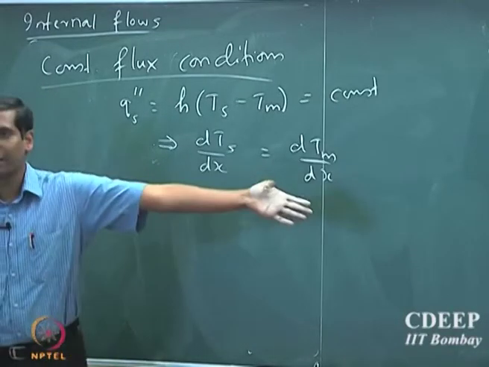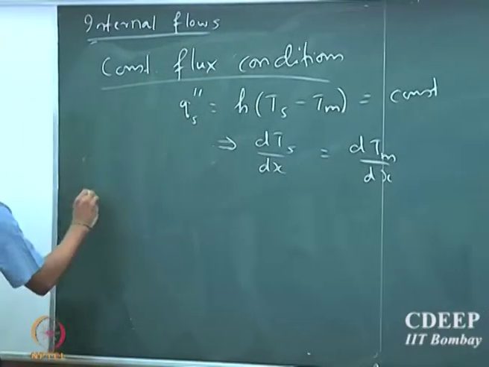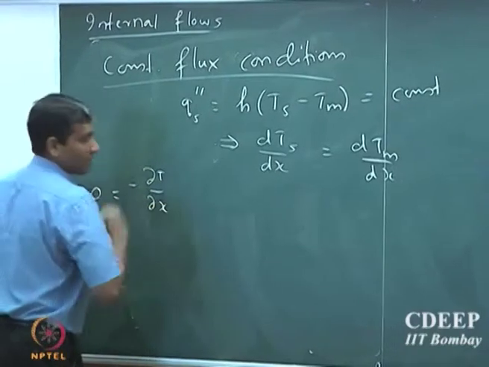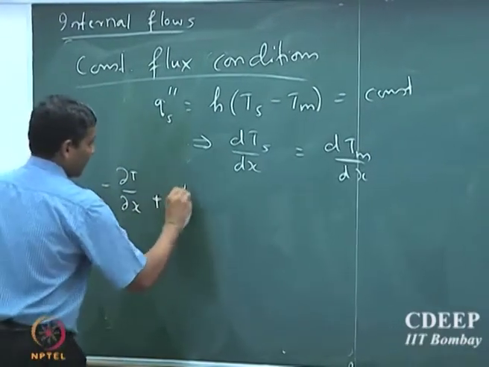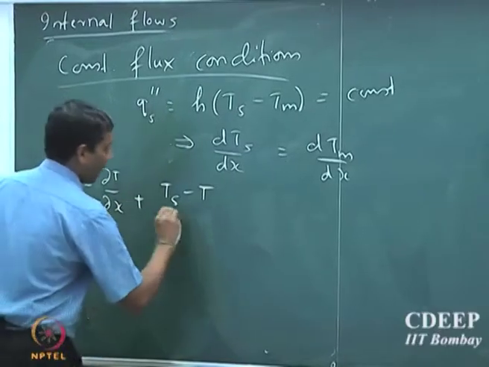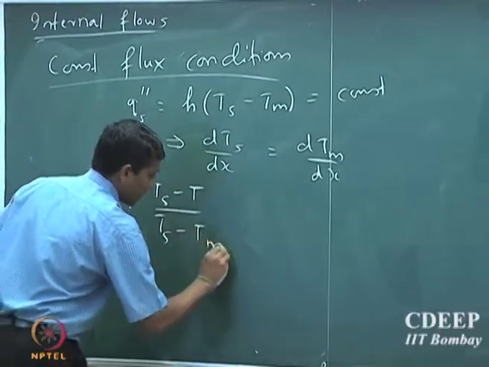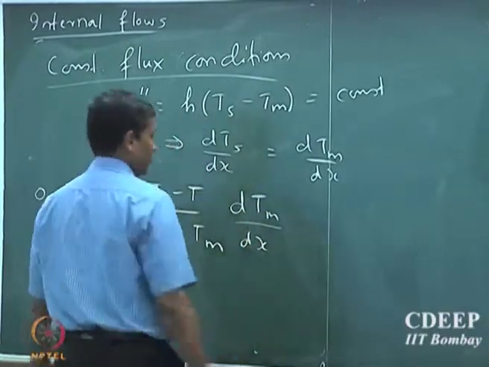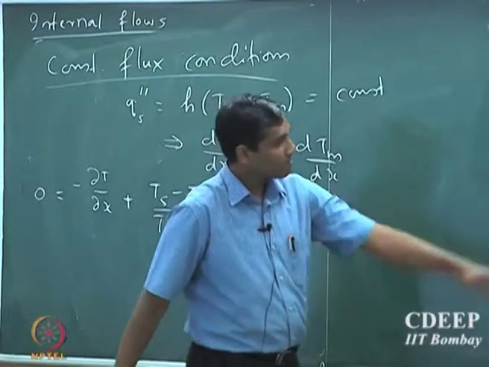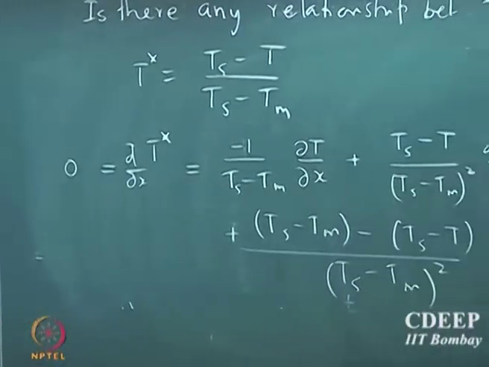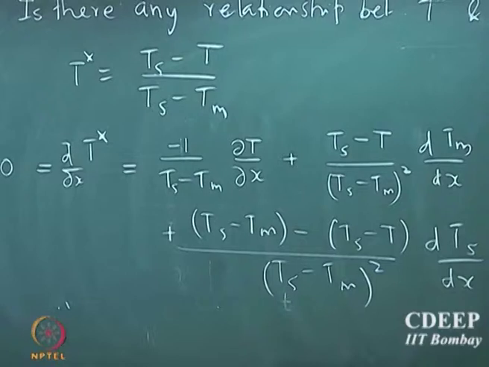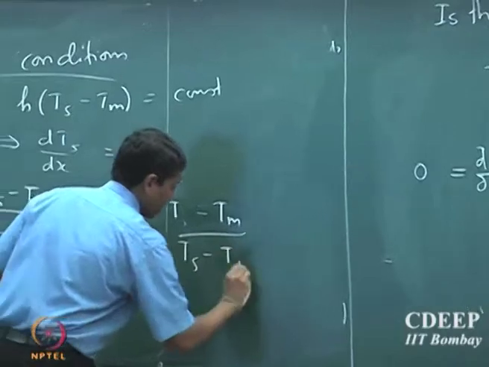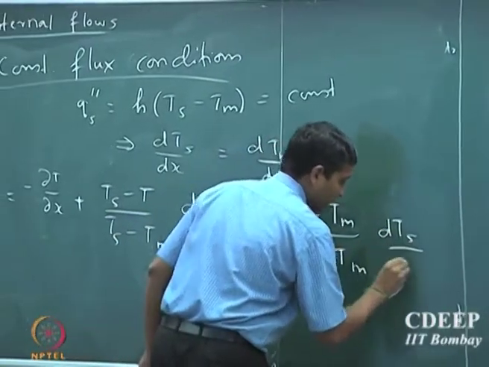So now if I plug in that condition there, we will see that 0 equals minus dT by dx plus (Ts minus T) divided by (Ts minus Tm) into dTm by dx, plus (Tm minus T) divided by (Ts minus Tm) into dTs by dx.